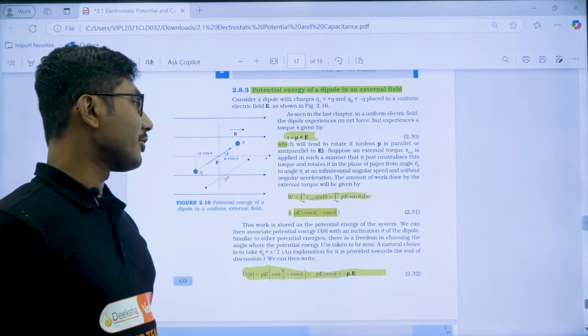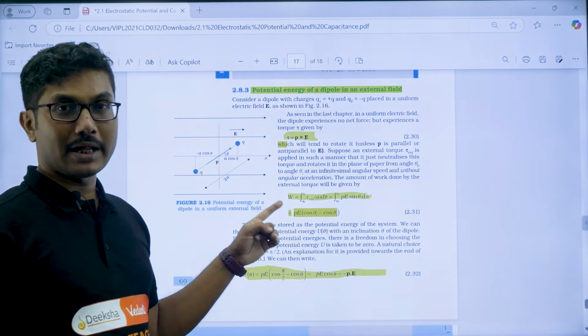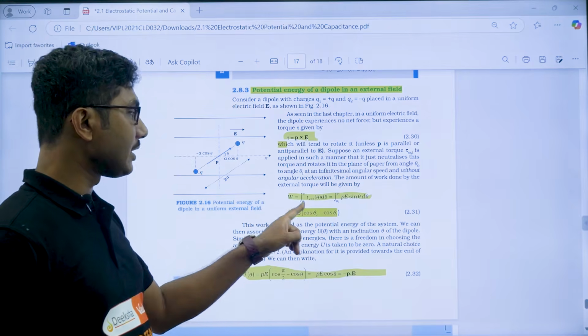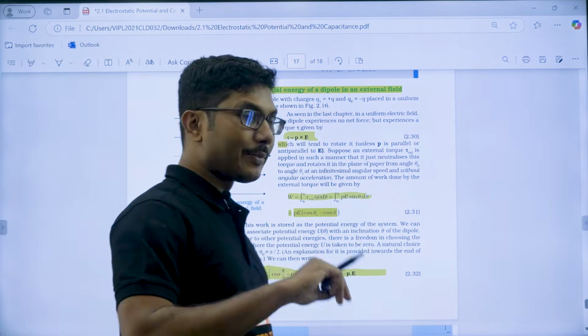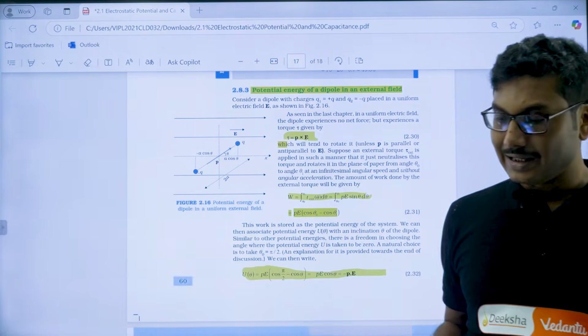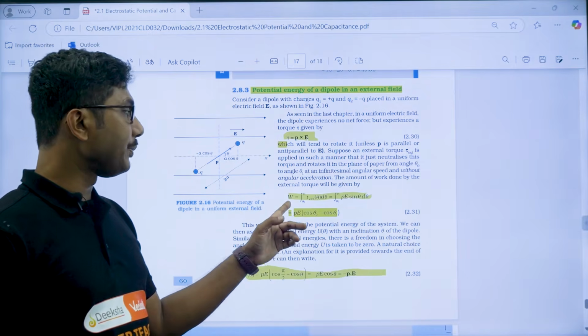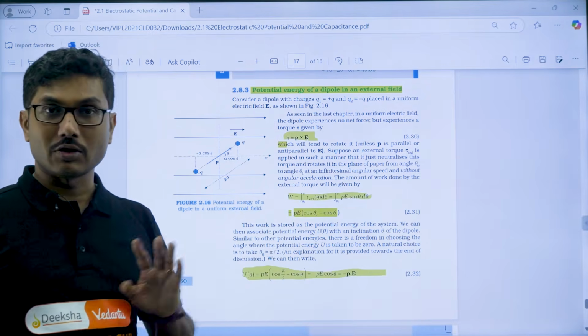So, in that case, you have to remember this formula while solving questions. When it is rotated by an angle 60 degree, the initial angle is 0 degree; if nothing is mentioned, the initial angle is 0 degree. So, the formula will be pE (1 minus cos theta).